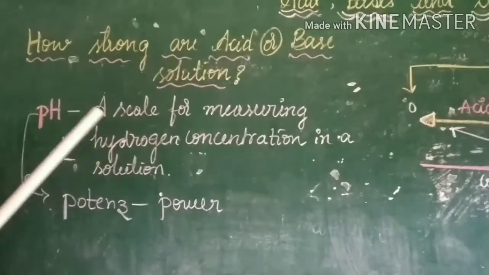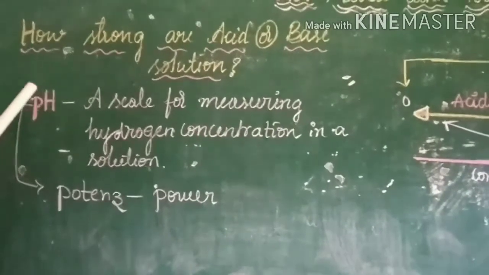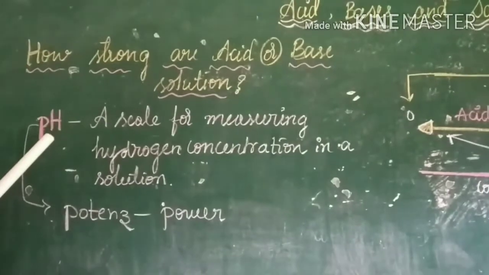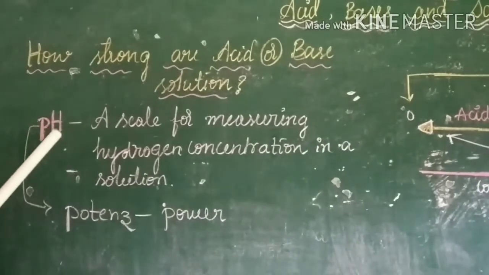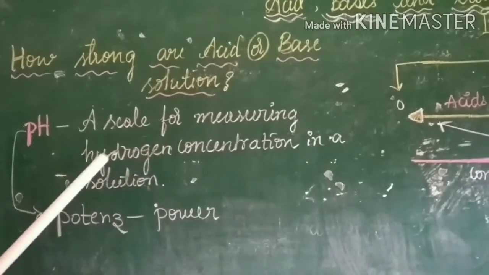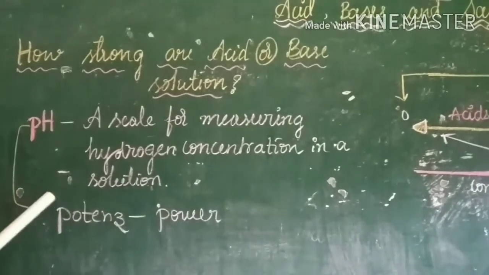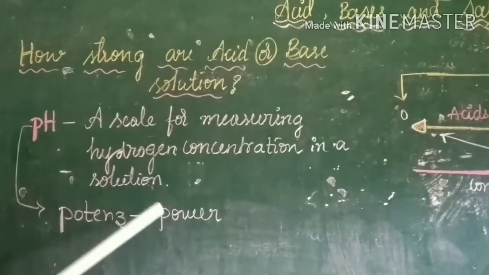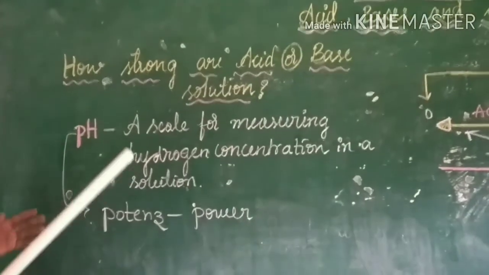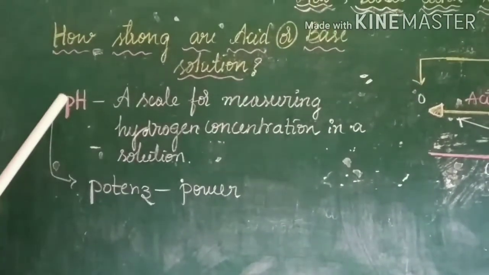That scale is called the pH scale. I think all of you heard the word pH in your previous standard. pH is a scale used to measure the hydrogen ion concentration in a solution. Here P stands for potenz. Potenz means power. The power or concentration of hydrogen ion in a solution is measured using this scale.